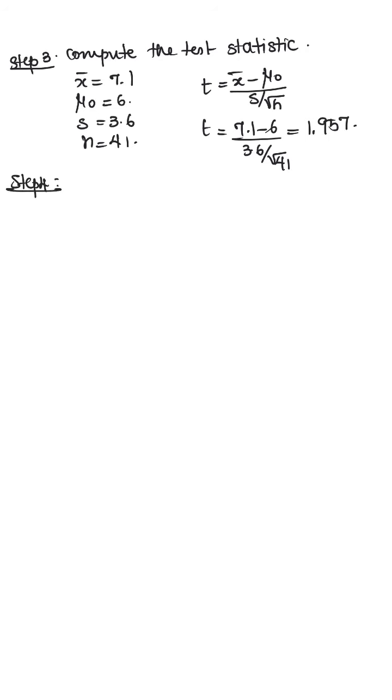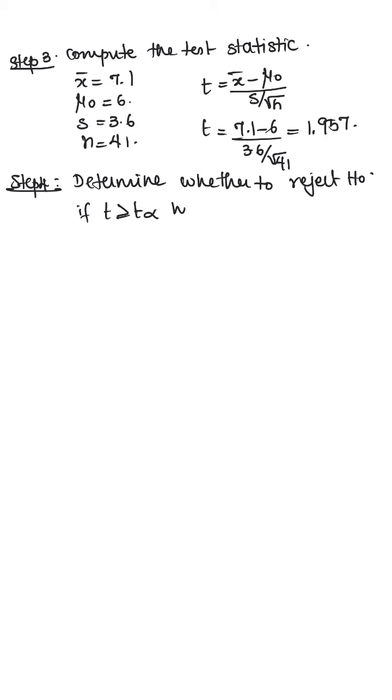Now determine whether to reject H0. Because this is a right tail test, we reject H0 if t is greater than or equal to t alpha.